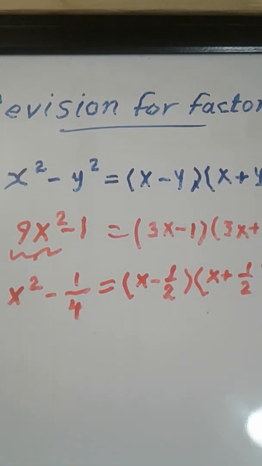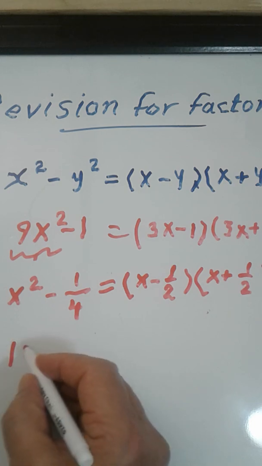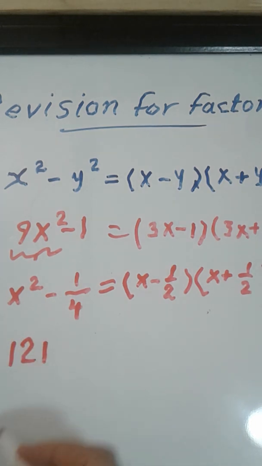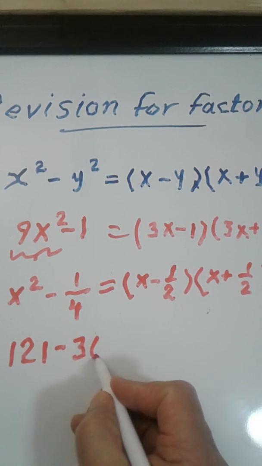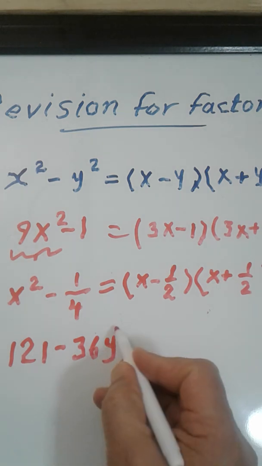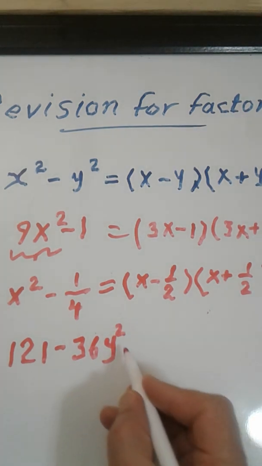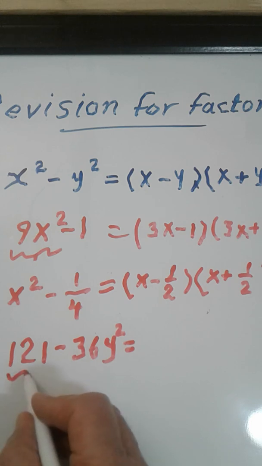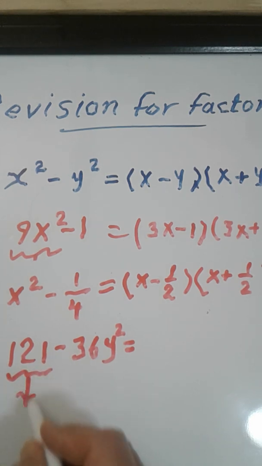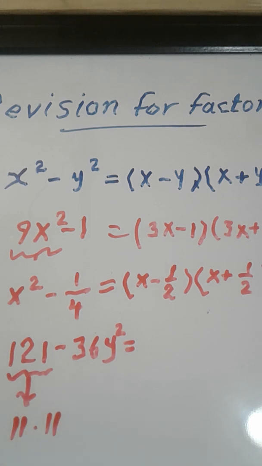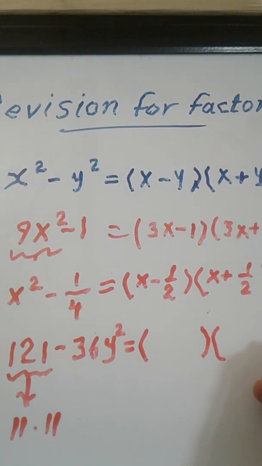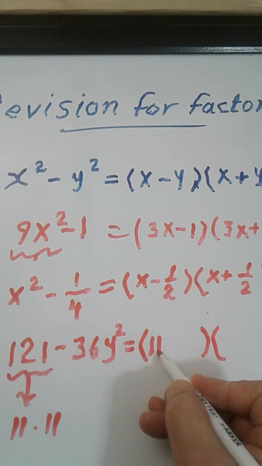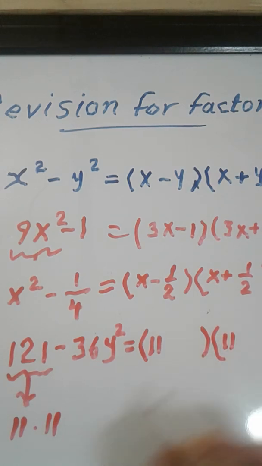Let's take another example, like 121 minus 36y squared. We can get the square root of 121. That means 11 times 11. So we write 11 in the first bracket and 11 in the other.